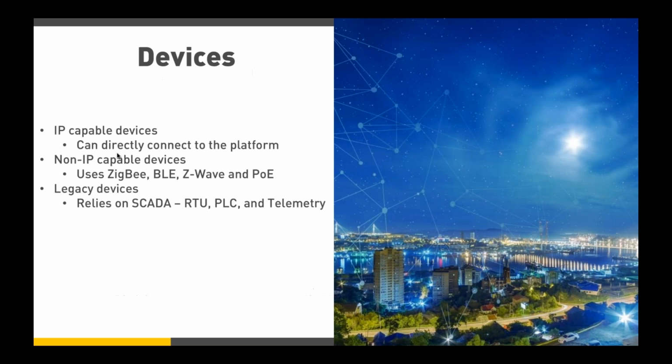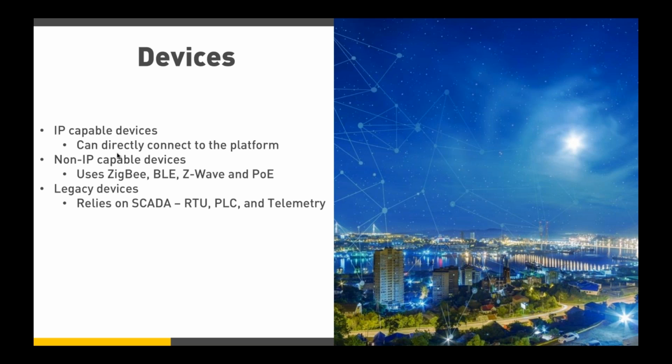Devices are essentially the physical things which could be running in manufacturing units or shop floors or warehouses. They can be deployed anywhere. The devices can be of three types. The first one is the IP capable devices. These are contemporary smart devices that are capable of acquiring an IP address and participating in an Ethernet-based TCP/IP network.